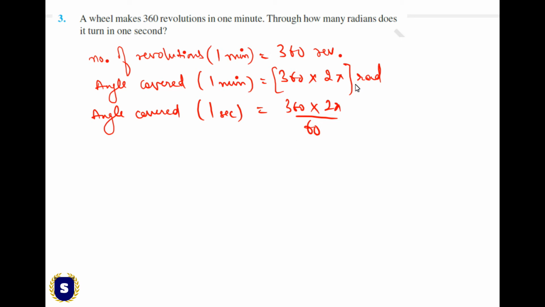So 1 minute, if it was 360 into 2 pi radians, then in 1 second we have to divide it by 60. Okay. So this value comes out to be 12 pi radians. Yeah, simple question it was. Let us do the next question.